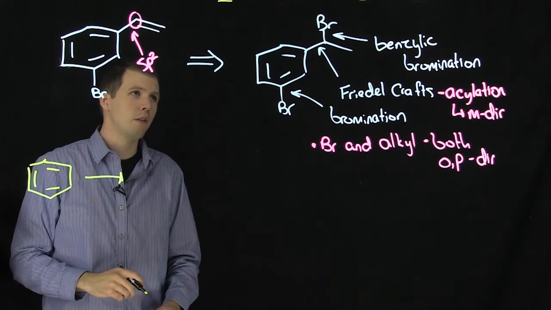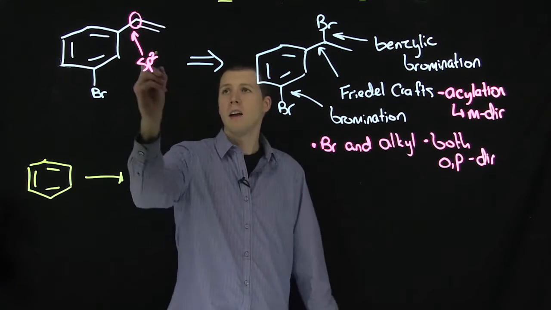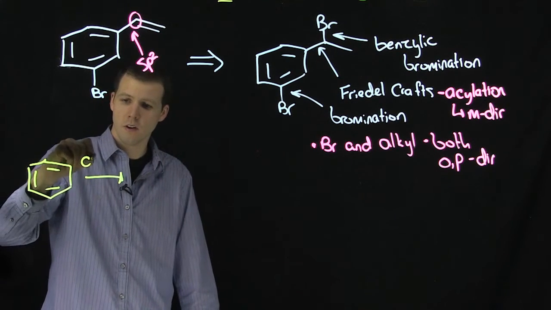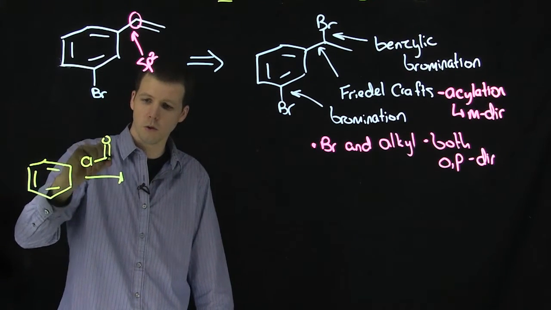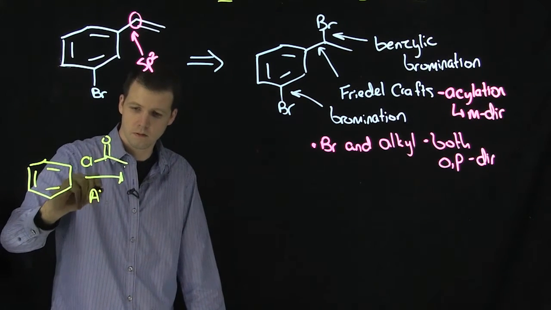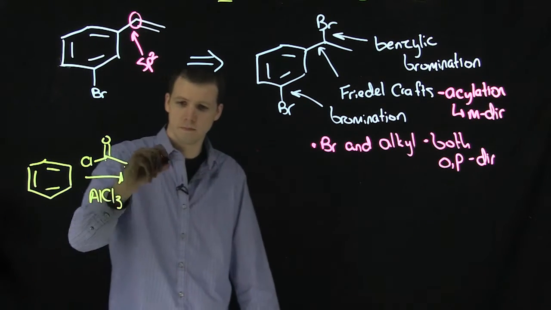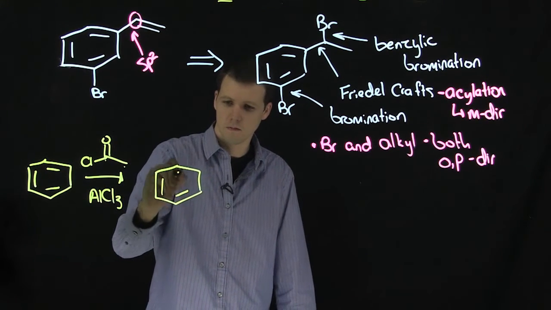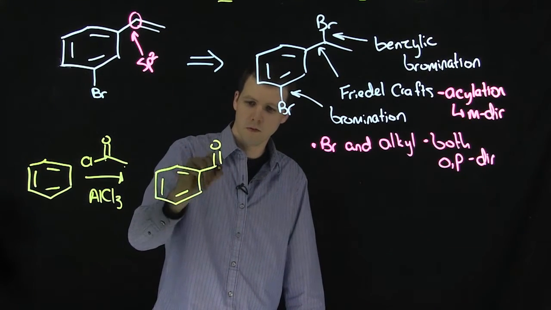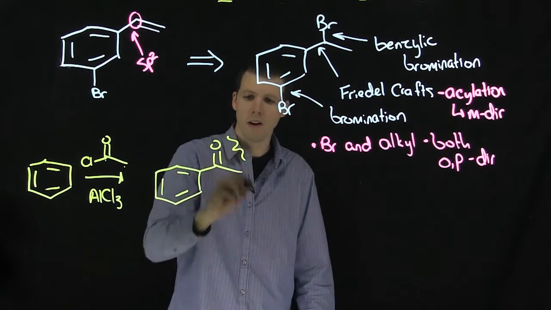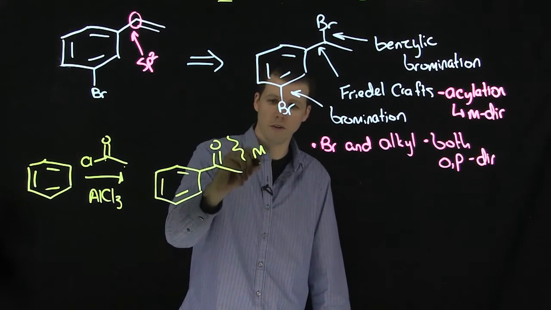And the first thing I'm going to do is install these two carbons through a Friedel-Crafts acylation. So I need the acyl chloride, and I need two carbons. So now I have that group in there, and I also have this acyl group, which we know is a meta-director.